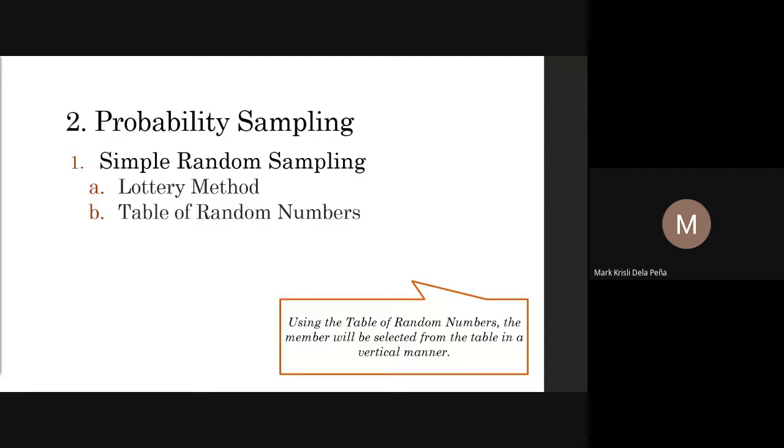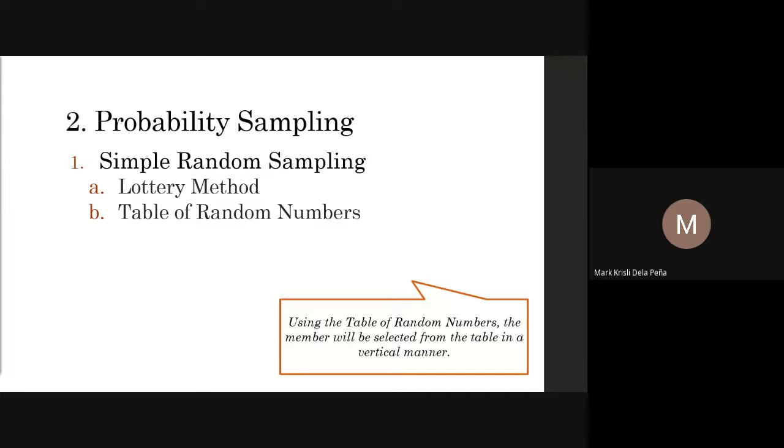I will list all of their names and place them in a box, with one piece of paper for each student. So each piece of paper has the name of a student. I will get one randomly without looking at the box, until I get all of the 10 students. That's a lottery method.